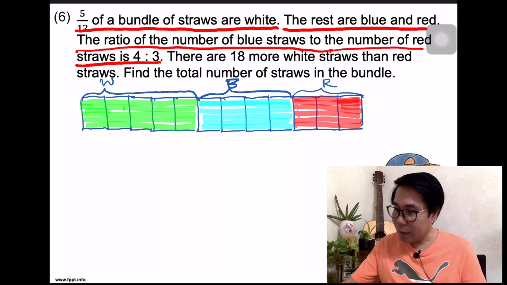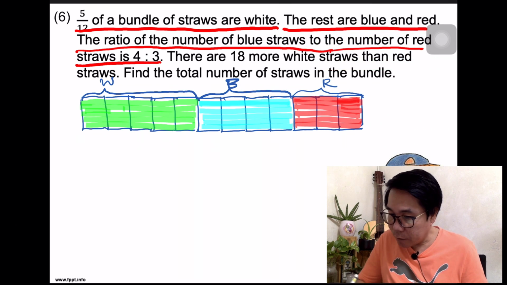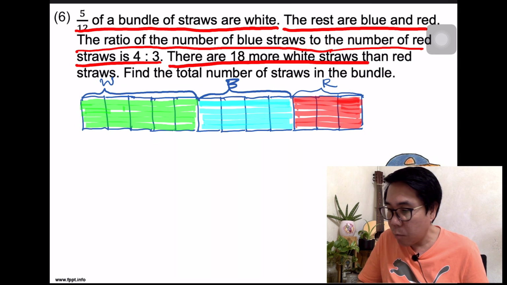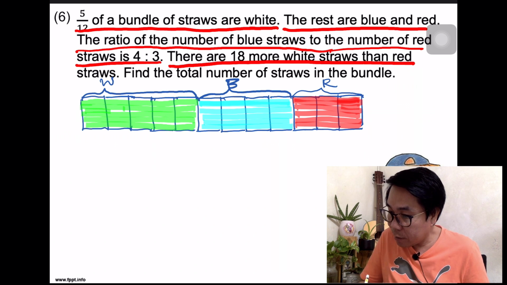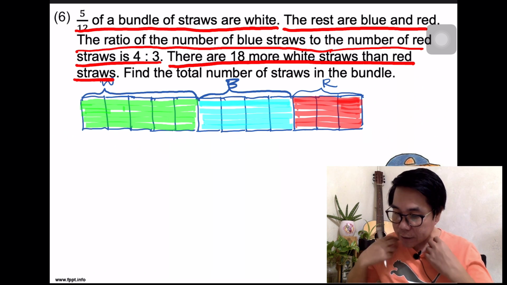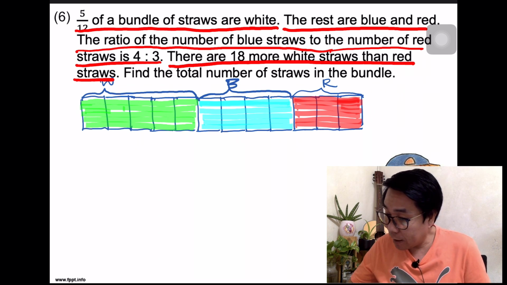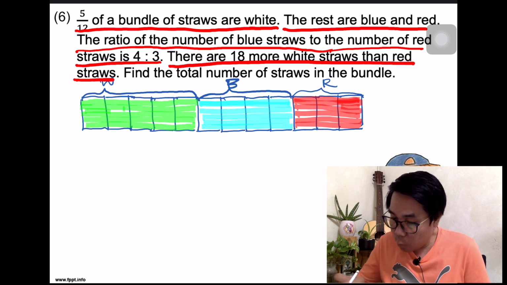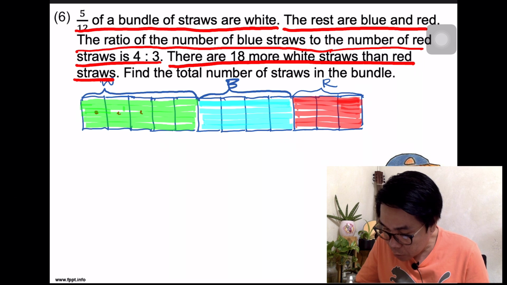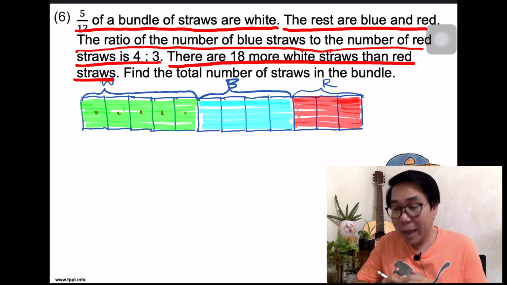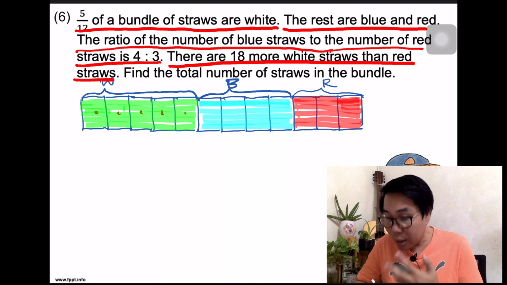Now the next statement says there are 18 more white straws than red. If you can see, the white is really more than the red. White has how many parts? 1, 2, 3, 4, 5. And the red is only 3. So the white is 2 more than the red.